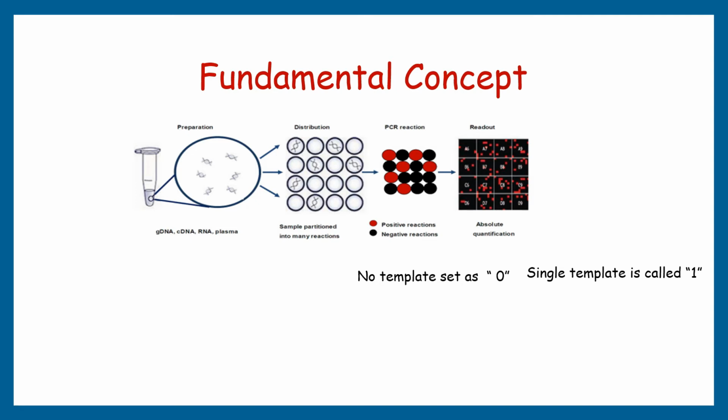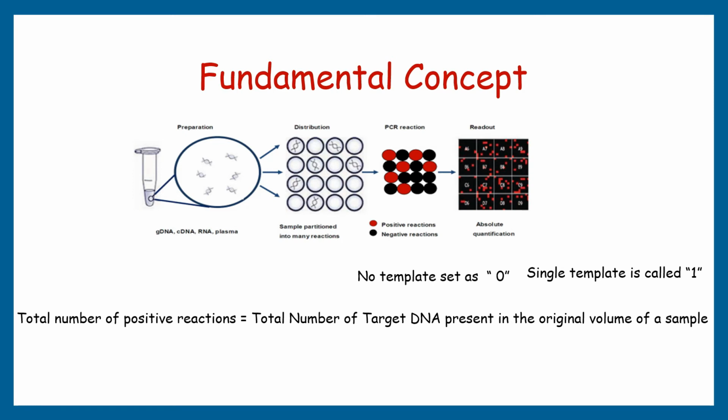In digital PCR, the reaction mixture is divided into smaller microvolume reactions in such a way that only 1 or 0 target molecule may be present per microvolume reaction. In the final calculation, the total number of positive reactions having one template is equal to the total number of target DNA present in the original volume of a sample.